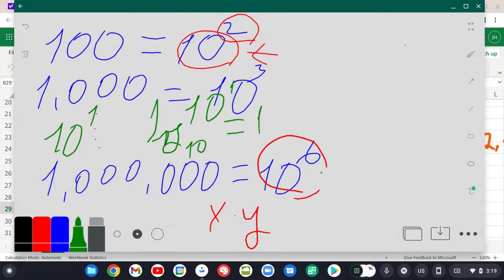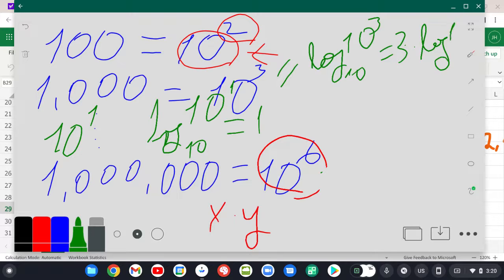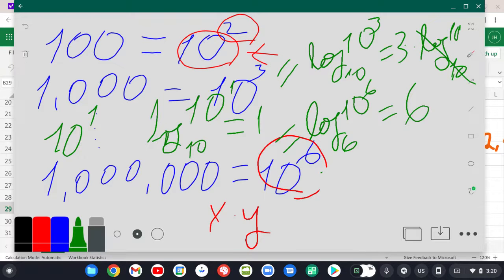So then 1,000 is log of 10 cubed to base 10, and this will be 3 times log of 10 to base 10. So it becomes 3. And 1 million, that's log of 10 to the 6th power to base 10. Then it becomes 6.